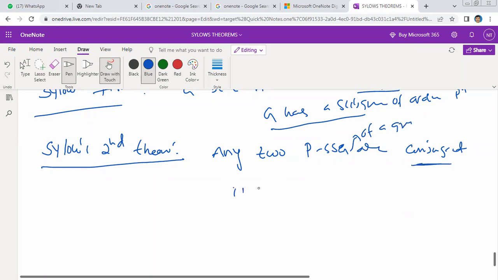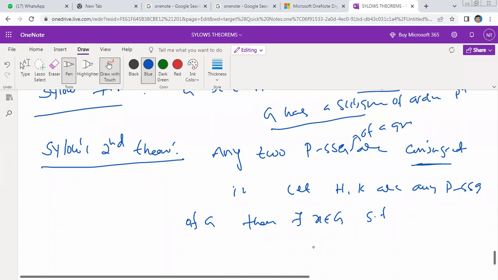That means, let H and K be any two P-Sylow subgroups of G. Then there exists an element x belonging to G such that H is equal to x K x inverse. This is the definition of conjugate.